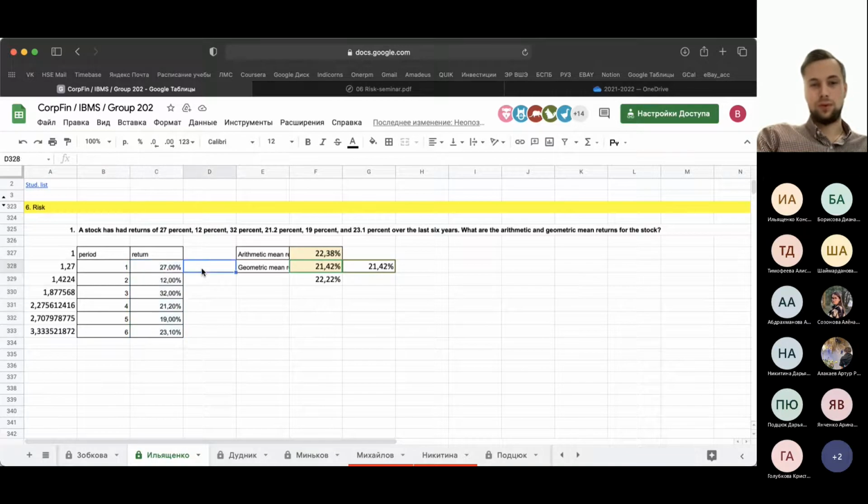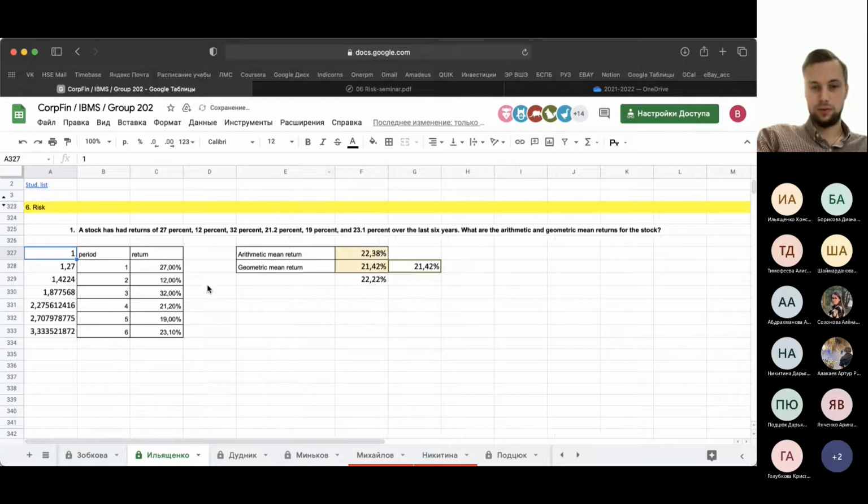So one solution is to calculate it like CAGR. So calculate the price, like Konstantin did here. Yes, so let it be here 1, and here it will be 3.33, right? And then calculate the geometric mean return as a compounded annual growth rate. Yes, so you have the formula for that.